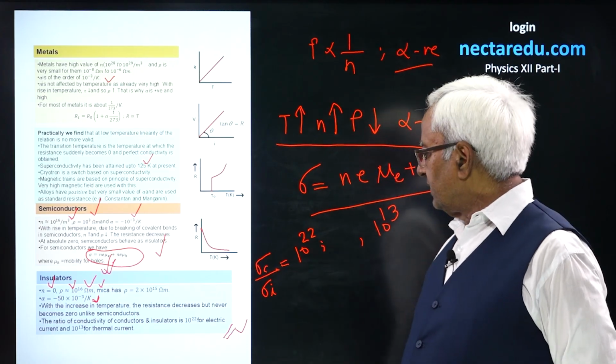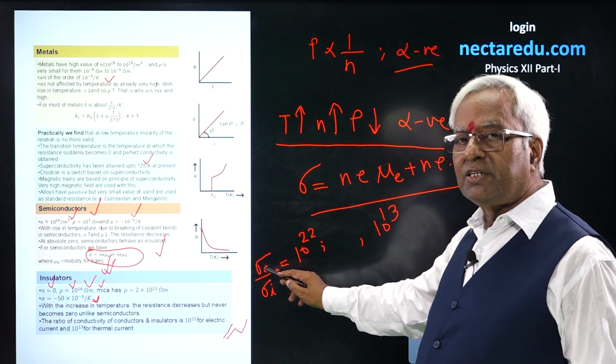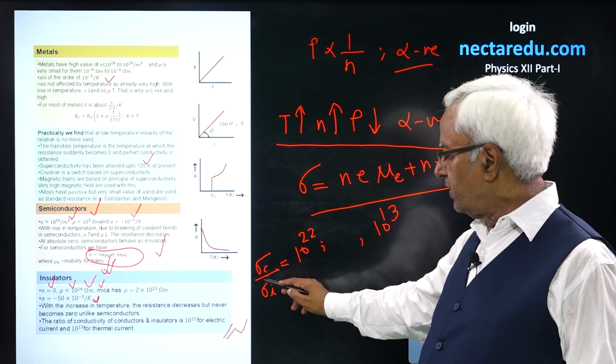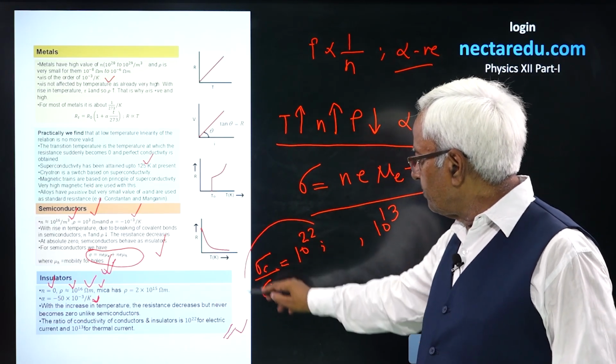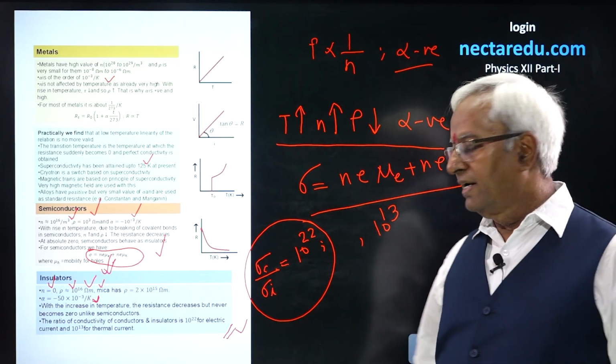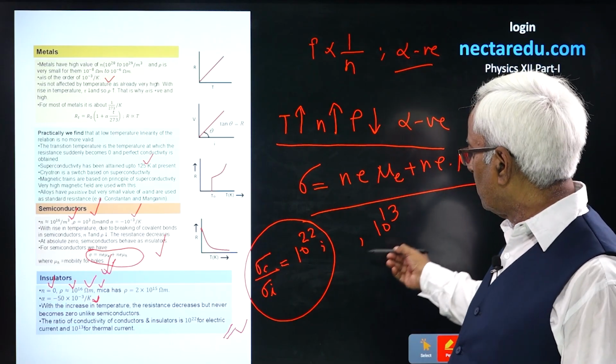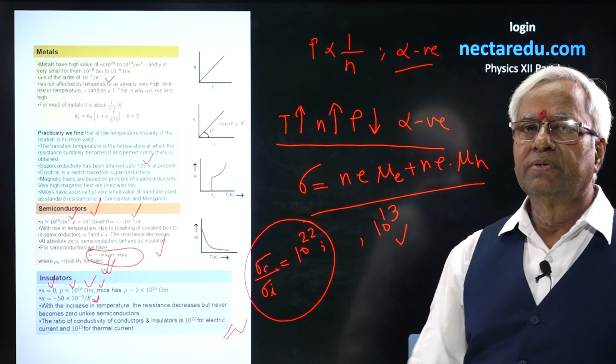Listen again: the ratio of specific conductivity for conductor to specific conductivity for insulator is of this order for electric current, and for thermal current this ratio comes out to be 10^13.